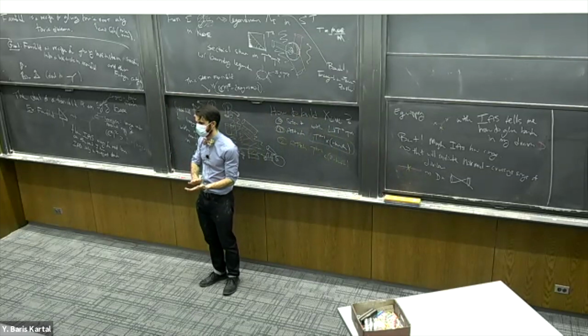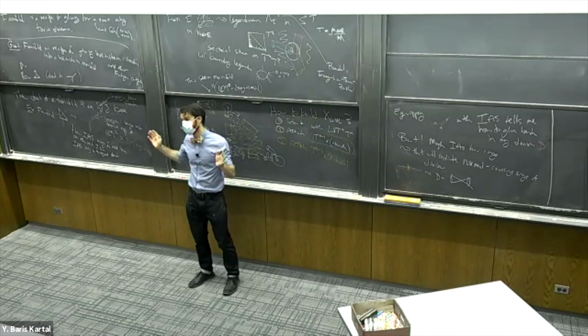So that should be some data which recovers that. I haven't thought so much about that. My answer is I don't know, but that's a good thing to think about.